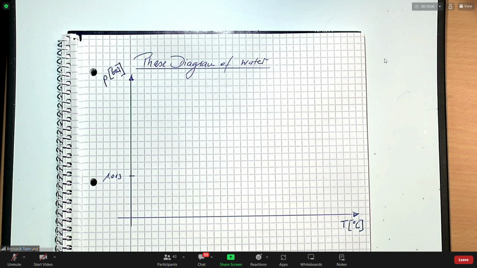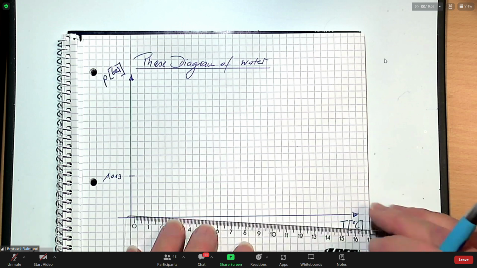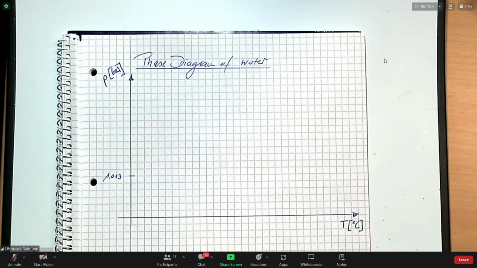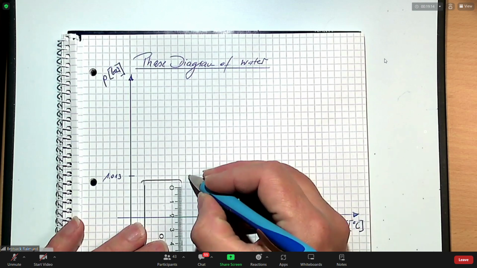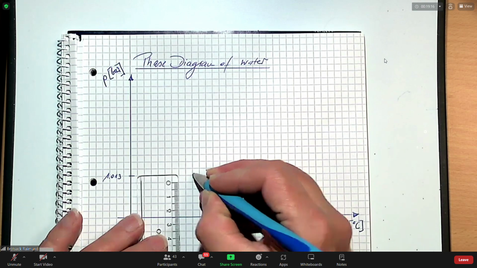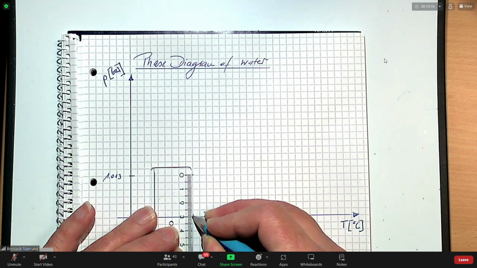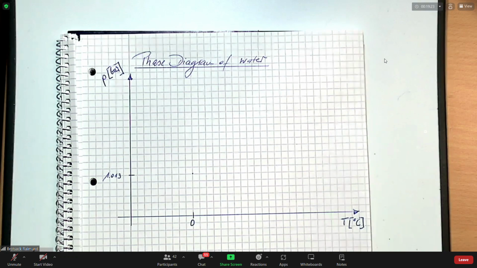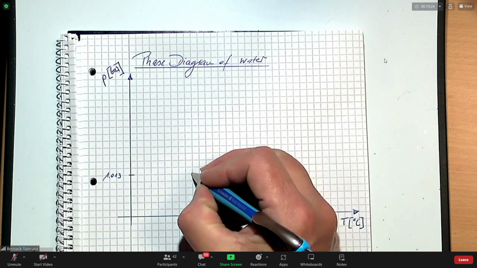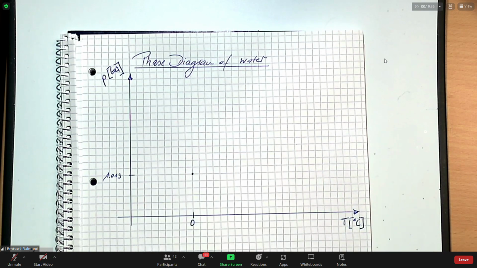Do you know the melting point of water at standard conditions? 0 degrees Celsius. So the melting point is 0 degrees Celsius. Let's say it is here. And then here we have 0 degrees Celsius. This is the melting point. So this is a fixed point.